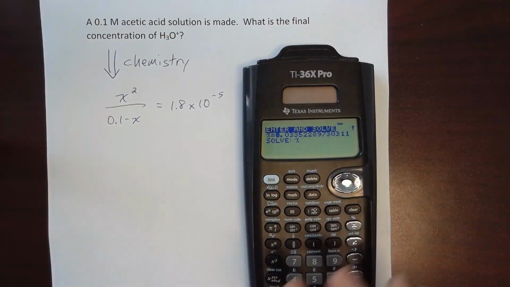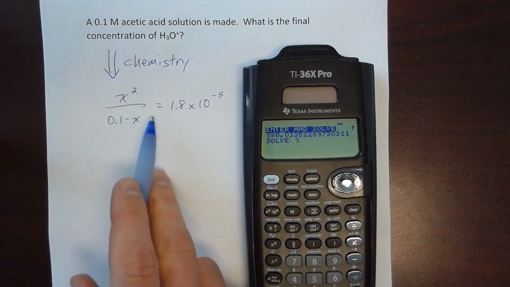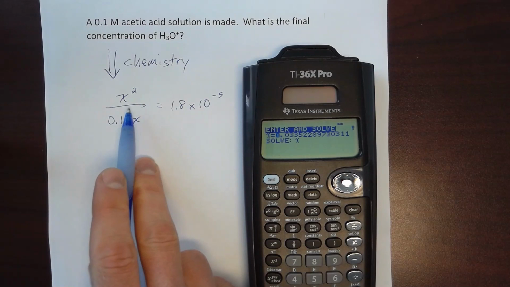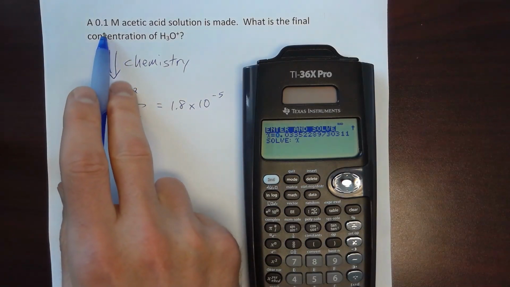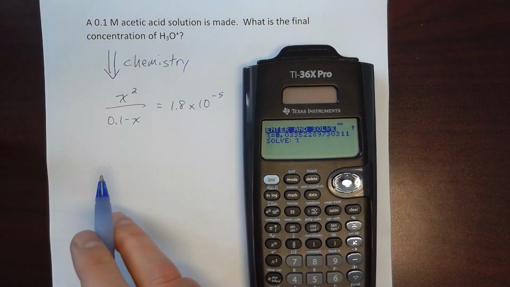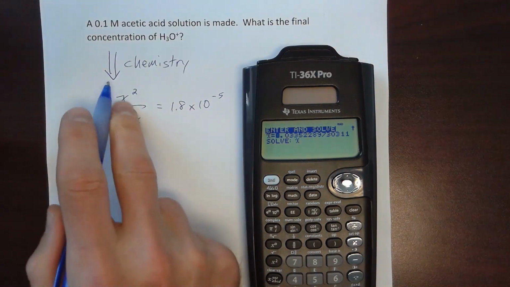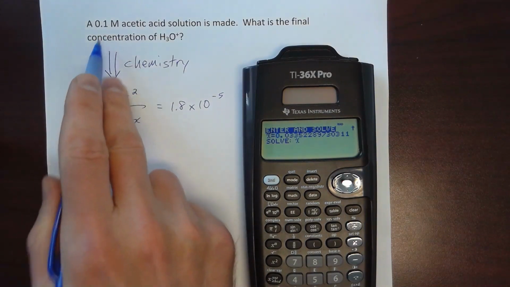And in this case, I know that x, which is the concentration of the hydronium ion, is going to be something like a small number. And it's going to be positive. There are no such things as negative concentrations. So I might guess something like 0.01.